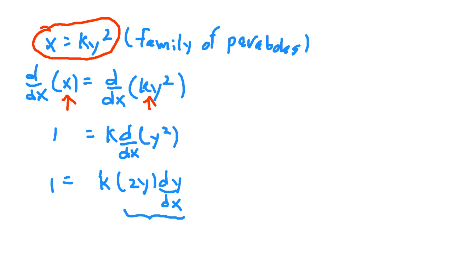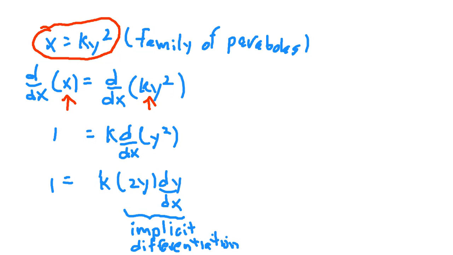Think back to Calculus 1. What type of differentiation is this? Begins with an I. Implicit, that's right. Good, Yonatan. Implicit differentiation. That's what we did here. It's been a while since you've seen that, but here it comes back.